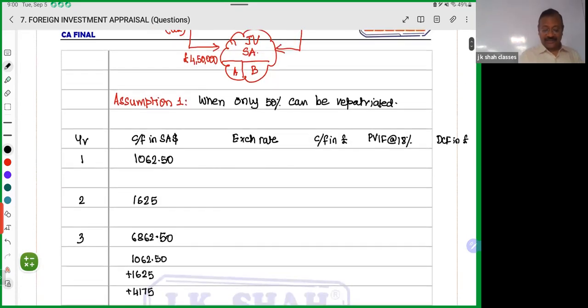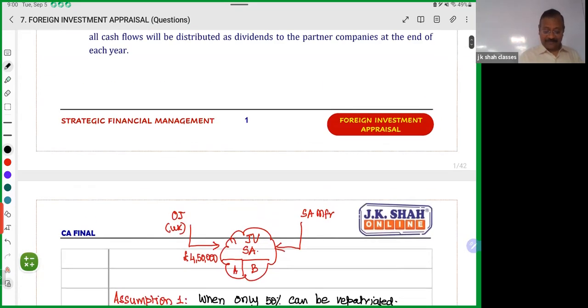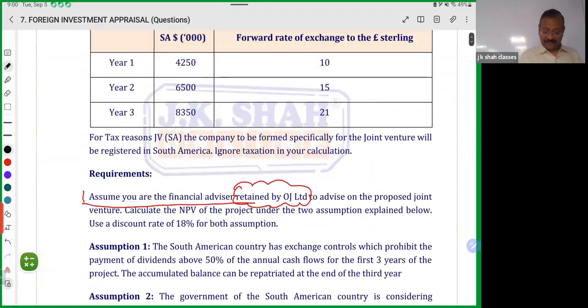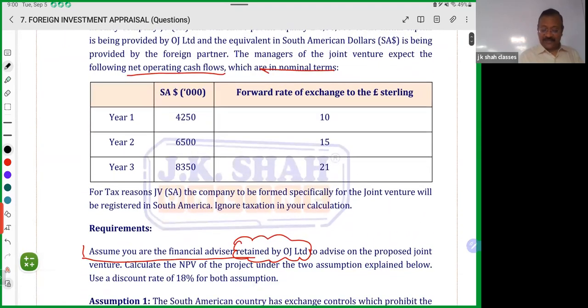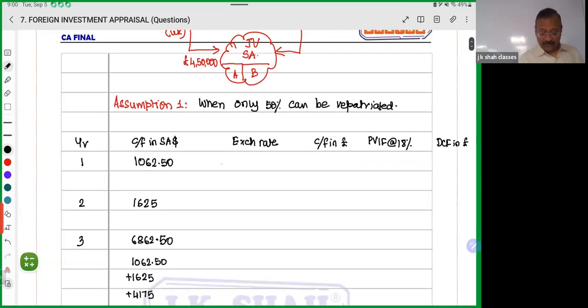Now, exchange rate. They have given the forward exchange rate to the pound sterling. So 1 pound equals 10 SA dollars, 1 pound equals 15 SA dollars, and 1 pound equals 21 SA dollars.